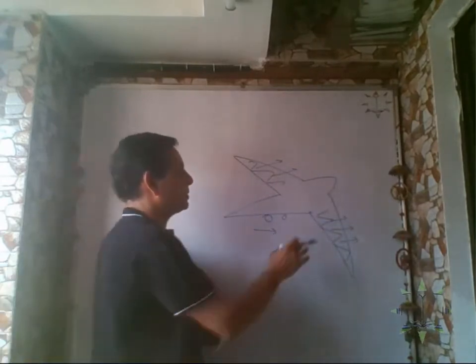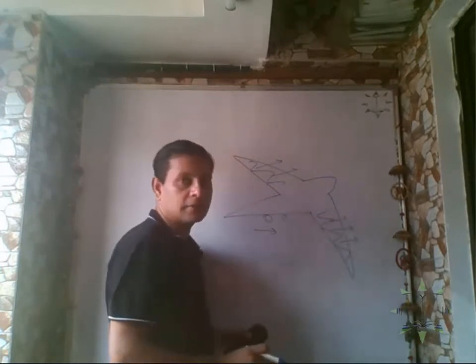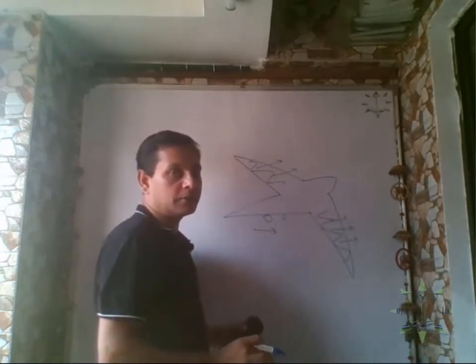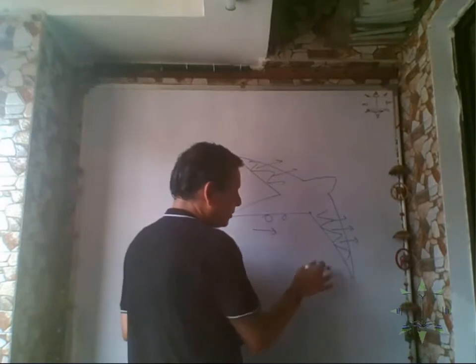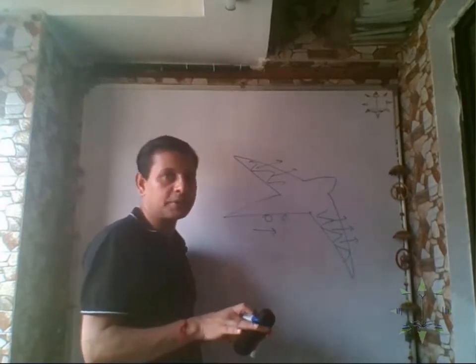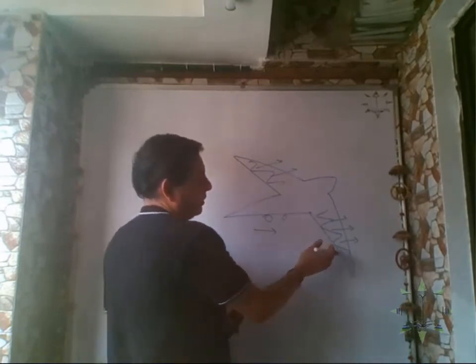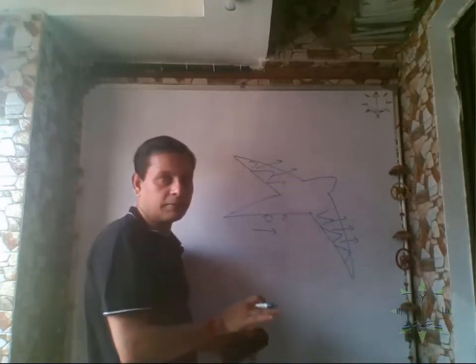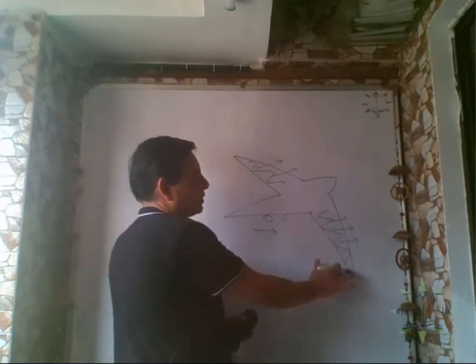So what happens? Pressure will be less. The air below these wings is at a higher pressure, and velocity is also less below this wing because of this design.